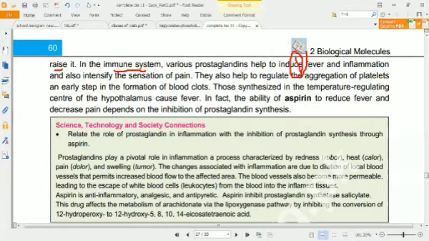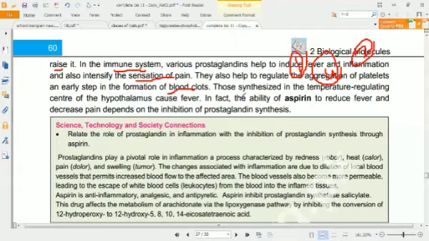Number two, it causes inflammation in the required area where the injury is, and it also intensifies the sensation of pain, increases the pain in that area. Next, number four, some prostaglandins aggregate the platelets at the required area for making blood clots there, to stop the bleeding, to clot the blood.